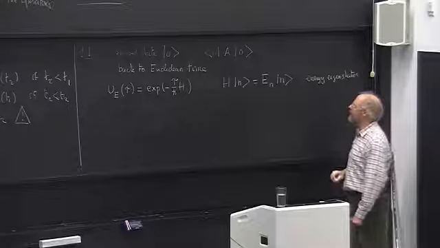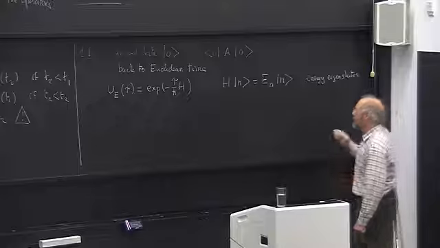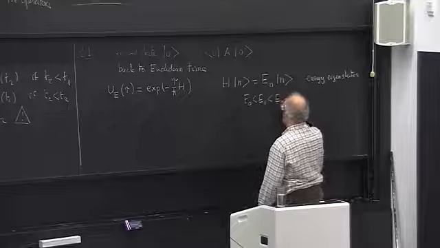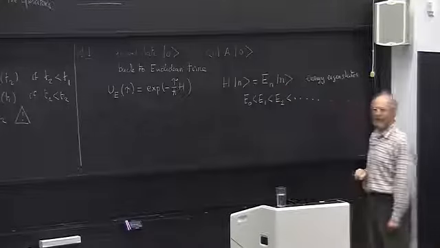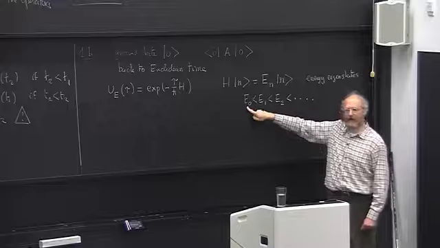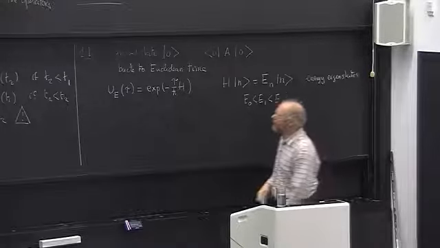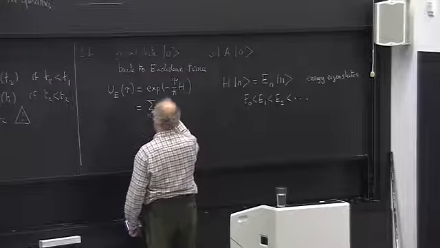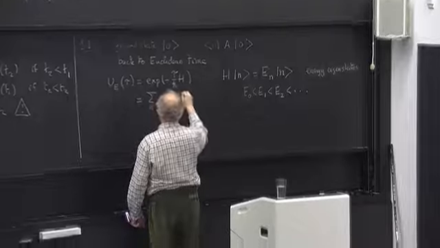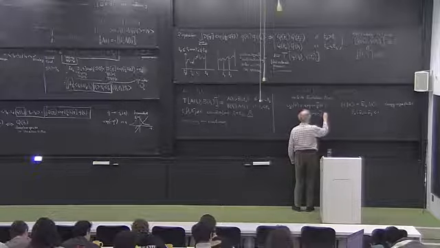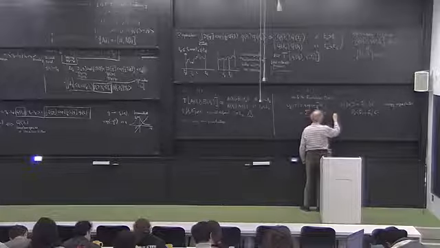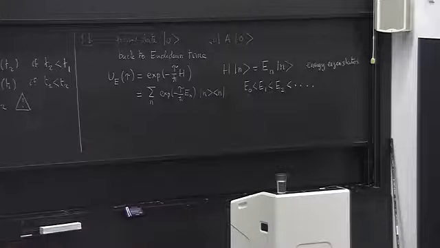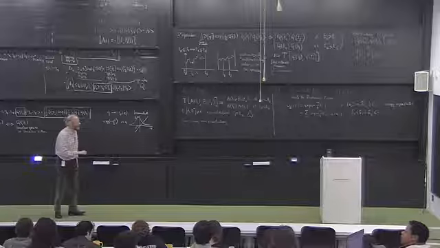The ground state is the lowest energy state. It has an energy E naught. Of course, then this can be diagonalized. It is the sum over n of the exponential of minus tau over h bar E n times the projection onto the state n.